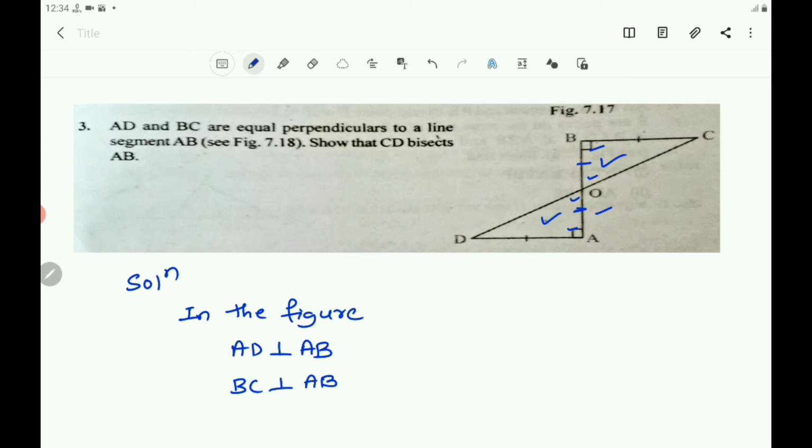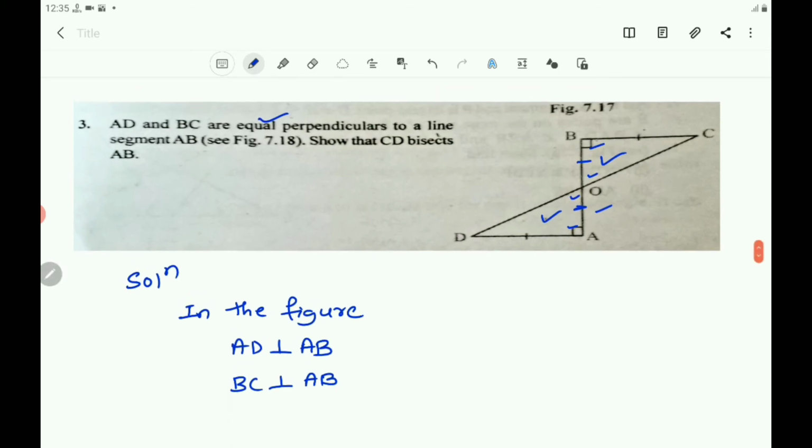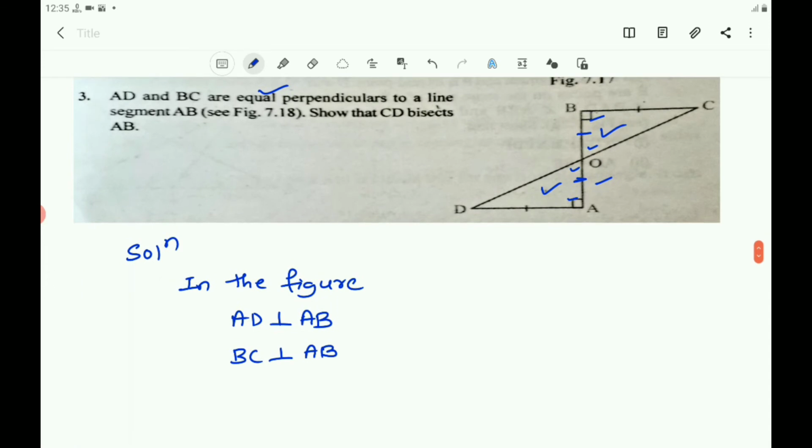Also it is given in the figure that CB and AD are equal perpendiculars, so you write AD equals BC. This much is given.